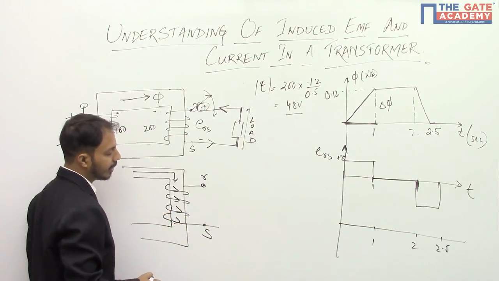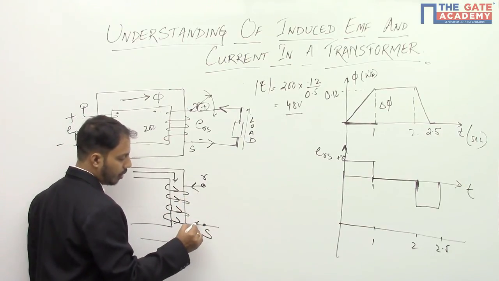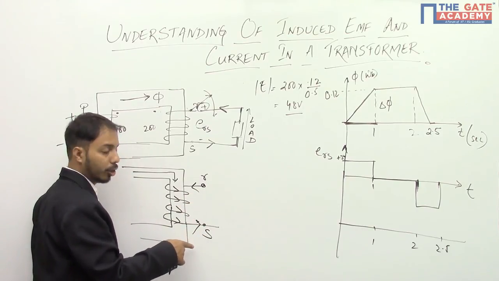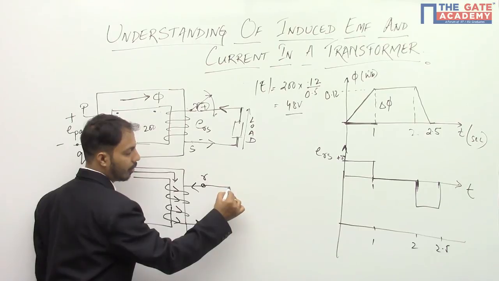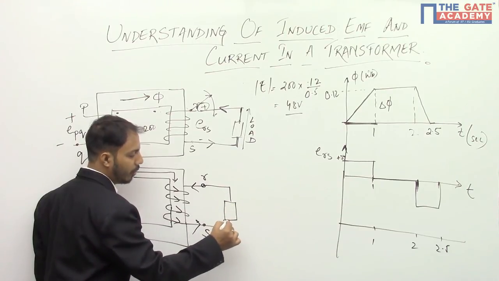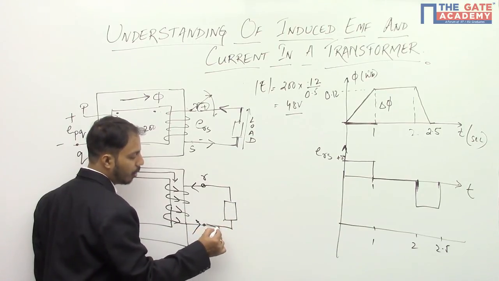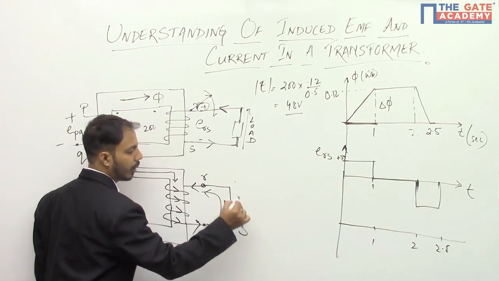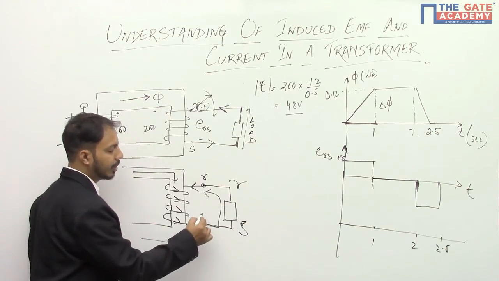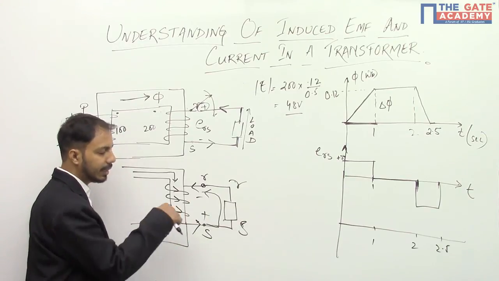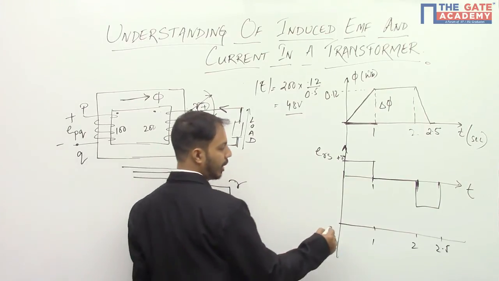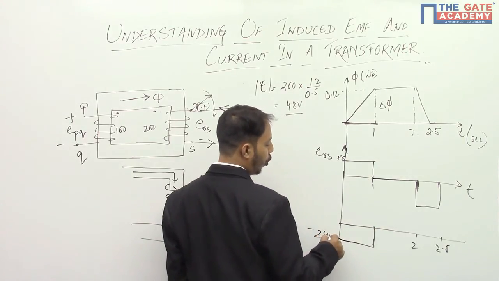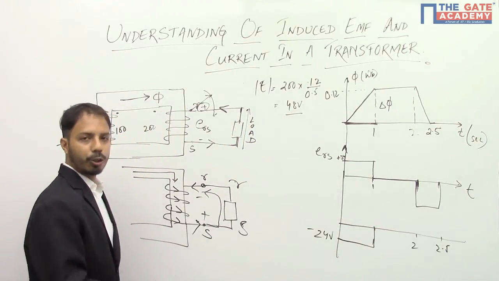So current in this direction means current is flowing from R to S. Through the load, current is flowing in this direction, that means from S to R. That means this is positive, this is negative. That means ERS is negative. That means it will be minus 24 volts from 0 to 1.